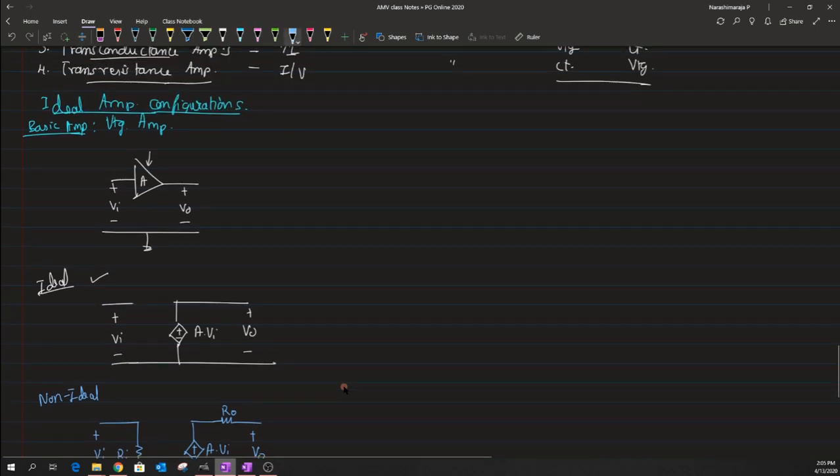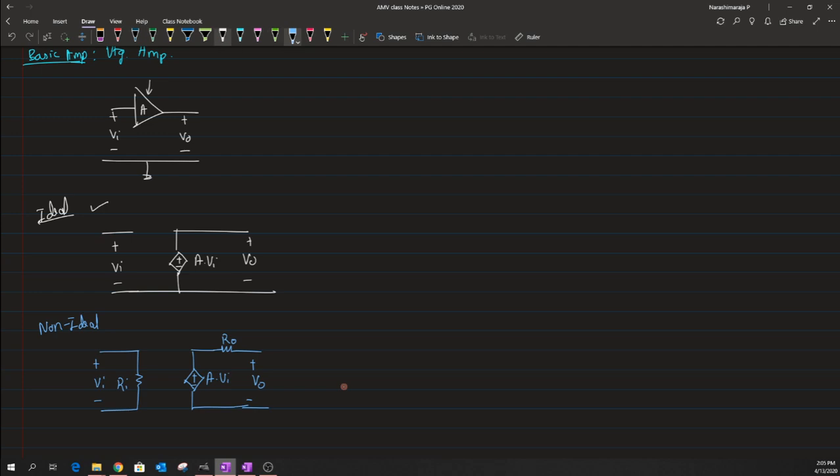So these are the basic amplifier's ideal model as well as non-ideal model, and similarly let me try to bring the structures of other amplifiers, the next one being the current amplifier. In the case of a current amplifier, the amplifier will take in a current and give out a current as well. So I will have both input and output as currents, and this is the symbolic representation.